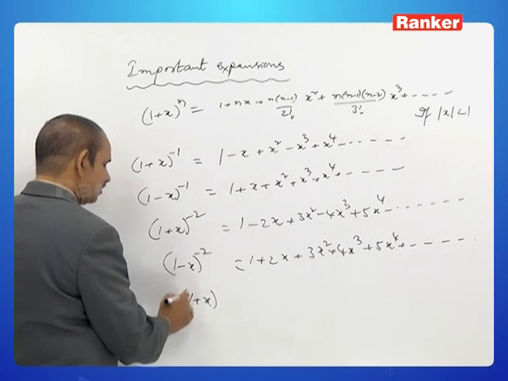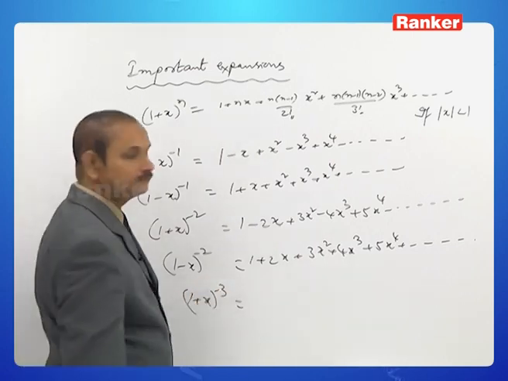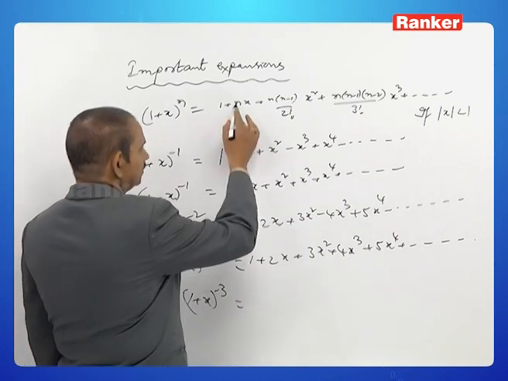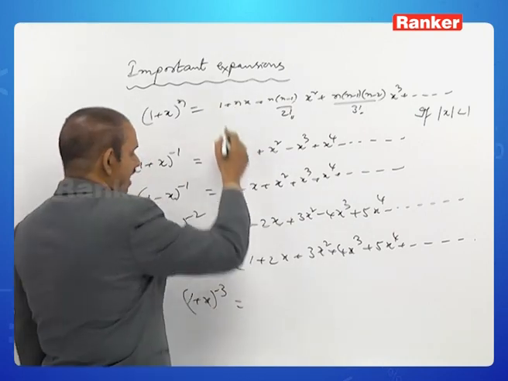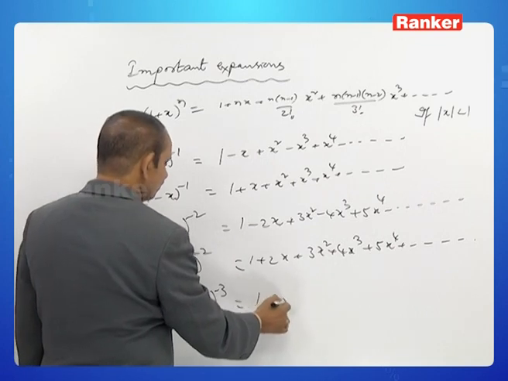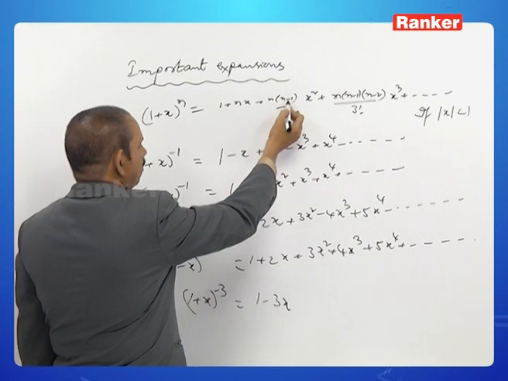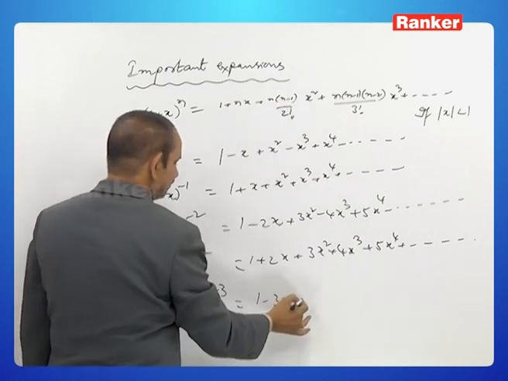1 plus x whole to the power of minus 3. What is it? Put minus 3 in the place of n in this formula. 1 minus 3x, minus 3 into minus 3 minus 1 is minus 4, plus 12 by 2 is 6.